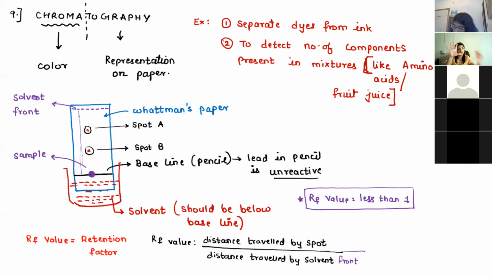You will use a ruler. Let's say you want to find it for spot A. Spot A is 3 centimeters from the baseline, and the solvent front is 4 centimeters from the baseline. So it will be 3 by 4. So RF value is always less than 1.